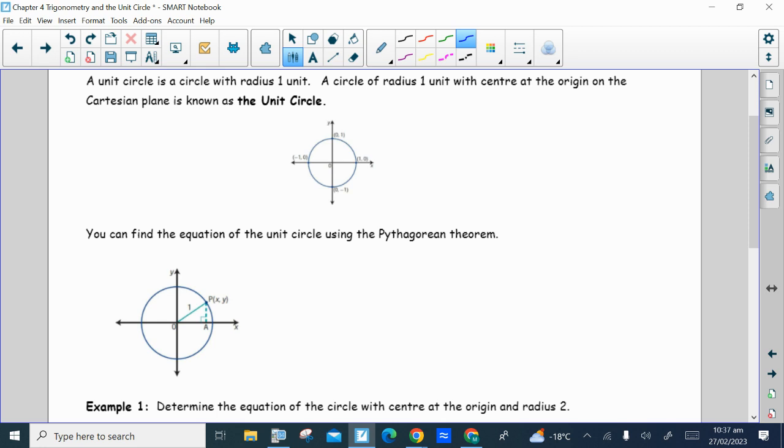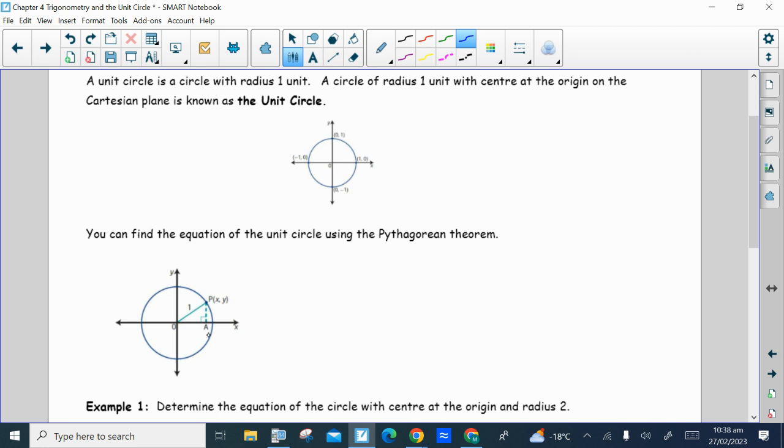But first, you can find the equation of the unit circle by using Pythagorean theorem. Remember that if you have a right triangle, which you have here, where the terminal arm, which because it's a unit circle has a length of 1, forms a right triangle when you draw a line from P, the end of the terminal arm, perpendicular to the x-axis.